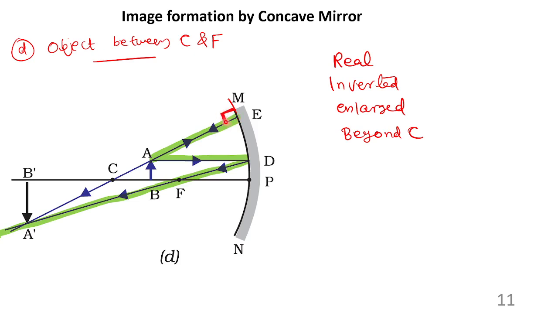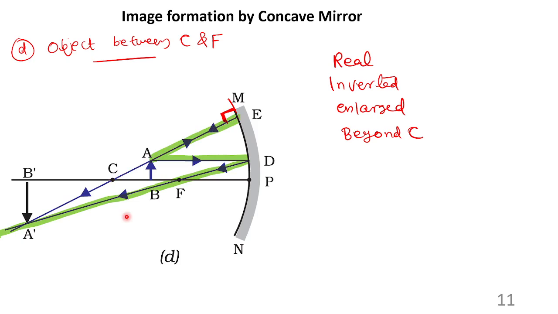Any ray meeting the mirror perpendicularly retraces the same path. I mean, it will pass through the center of curvature. I will repeat: any ray meeting the mirror perpendicularly, or normal, will be reflected and pass through the center of curvature.